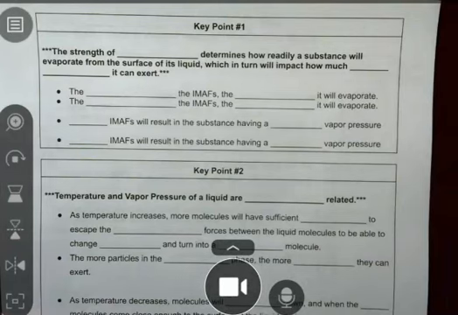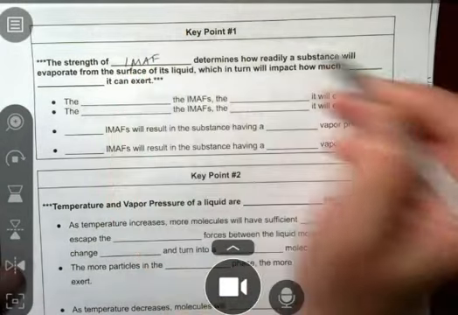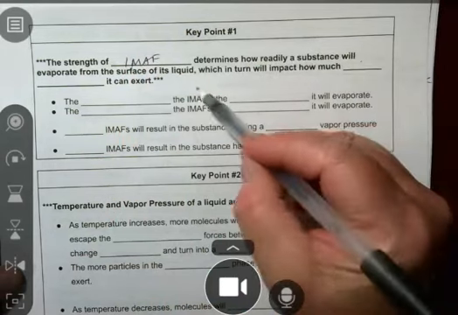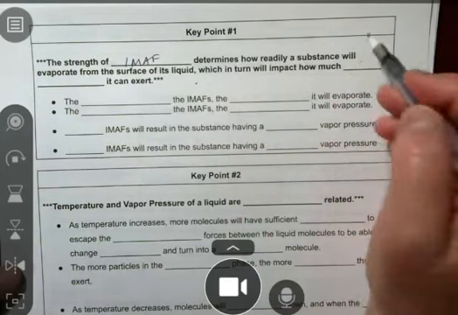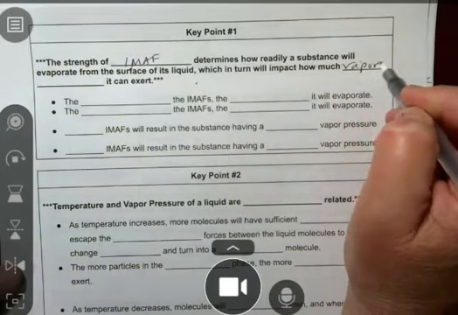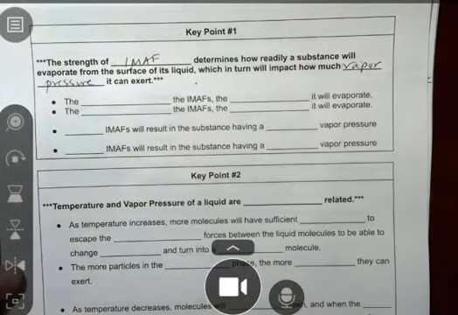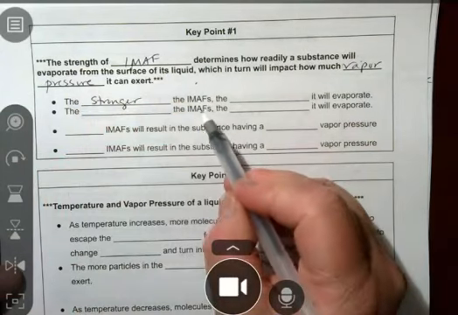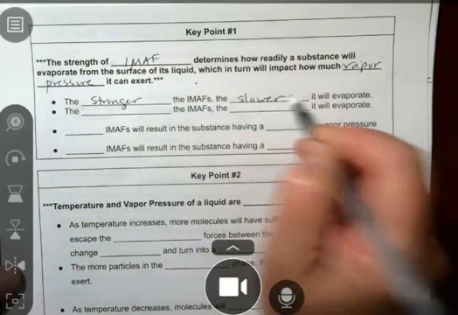Key points. The strength of the intermolecular attractive force determines how readily a substance will evaporate from the surface of its liquid, which in turn will impact how much vapor pressure it can exert. The stronger the intermolecular attractive force, the slower it will evaporate.